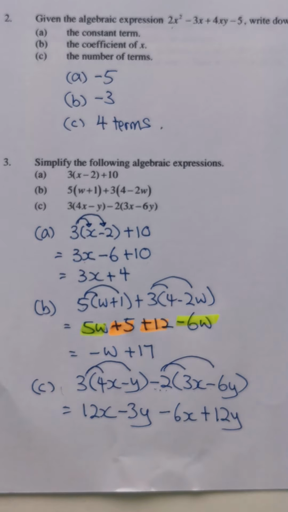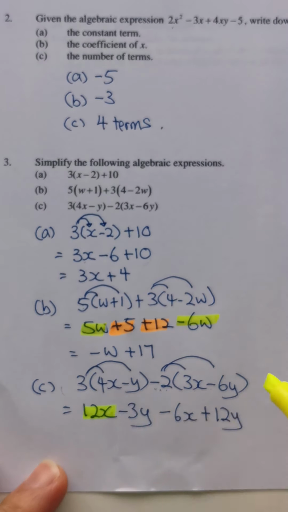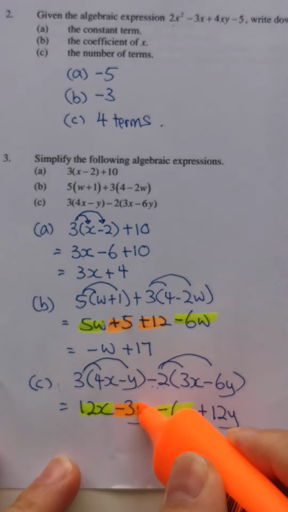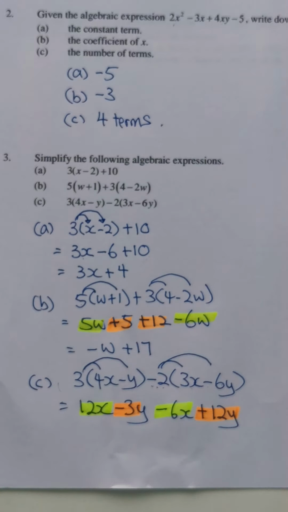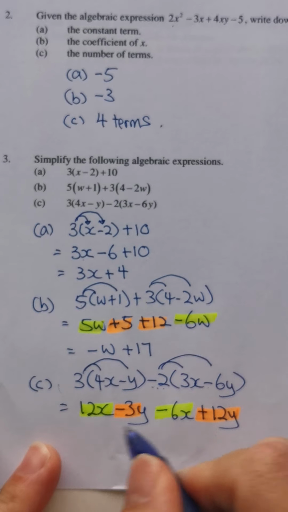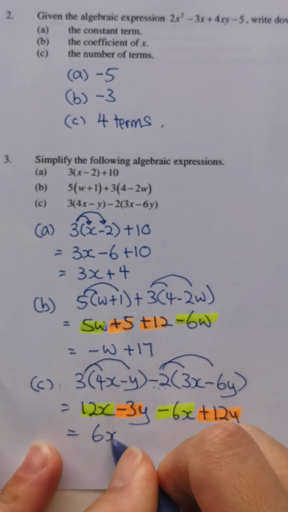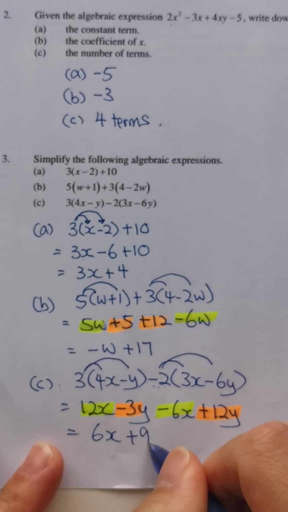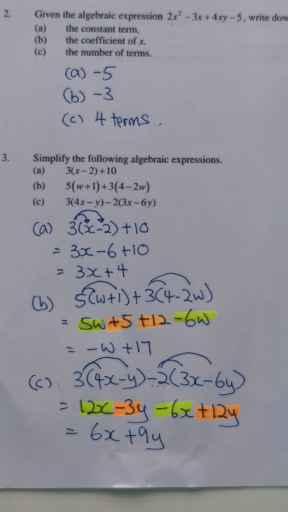Same thing, we group the like terms. 12x and -6x are like terms, and -3y and 12y are like terms. So 12x minus 6x, we have 6x. -3y plus 12y, we have 9y. So you have 6x plus 9y.